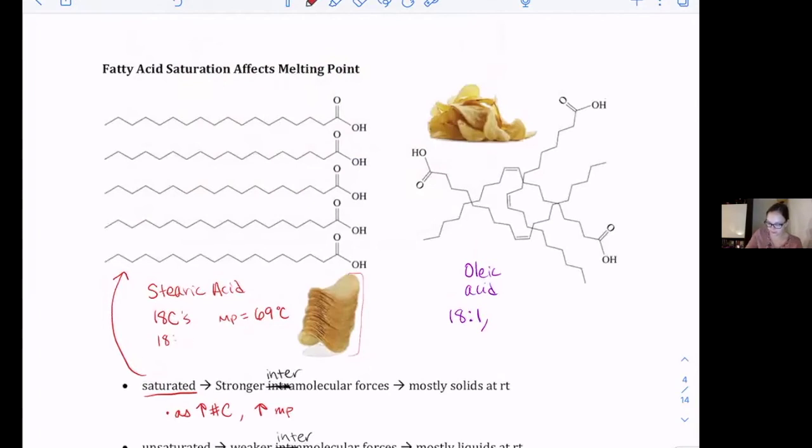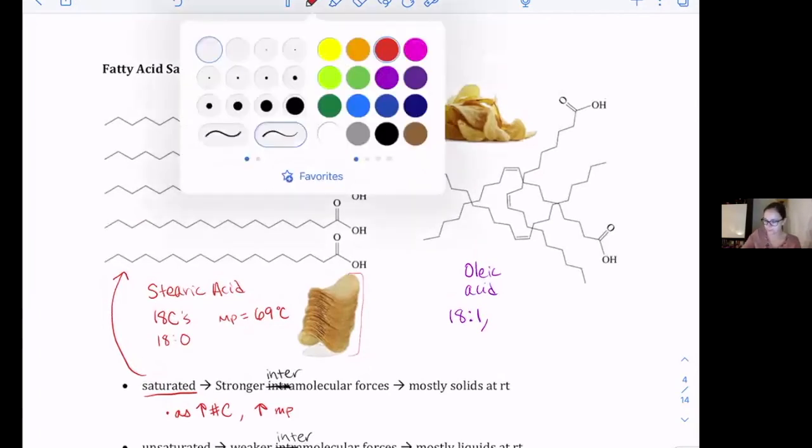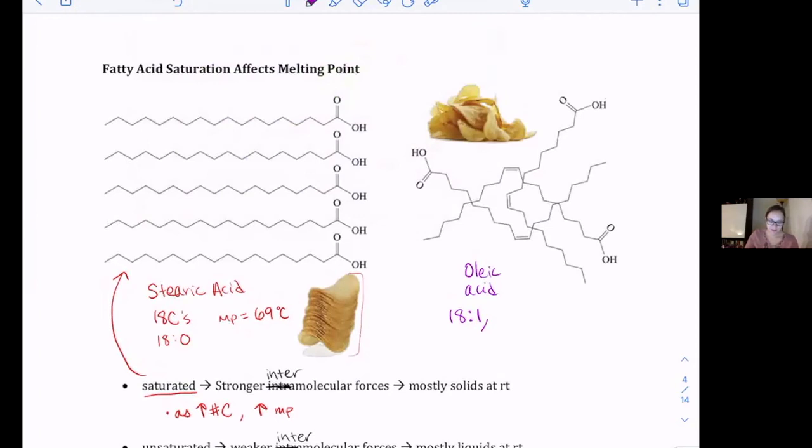It's 18 carbons with 1 double bond in there, and its melting point is 14 degrees Celsius. Just for reference, room temperature in Celsius is 23 to 25 degrees Celsius. So this is below room temp, meaning it will be a liquid at room temperature.